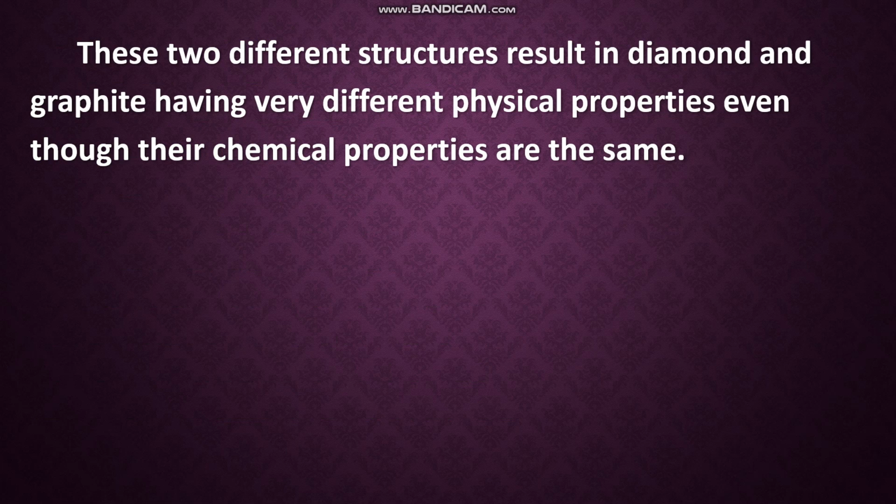So these two different structures result in diamond and graphite having very different physical properties, even though their chemical properties are the same. What is the reason for the difference in their physical properties? Because of their difference in structures.